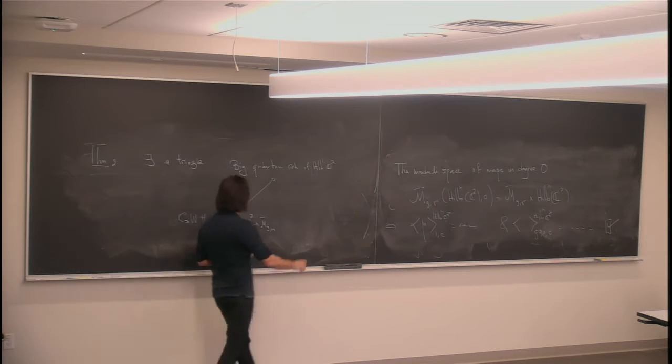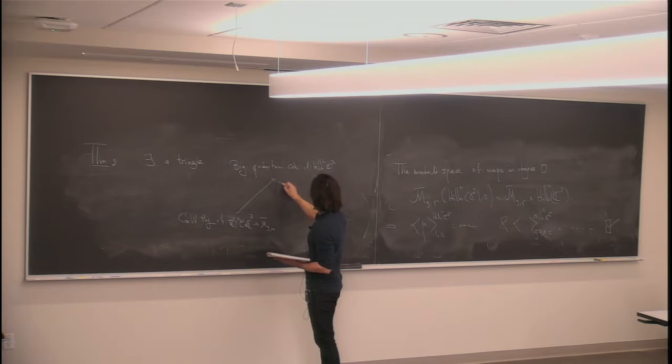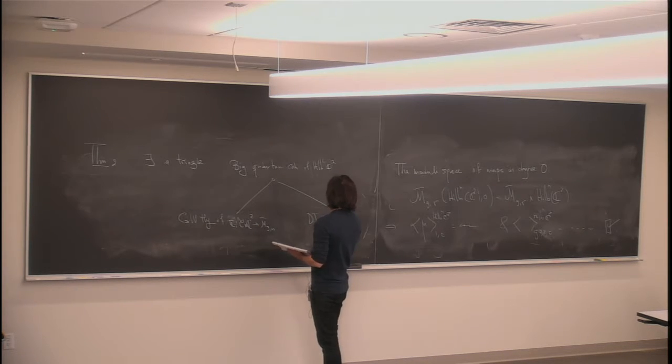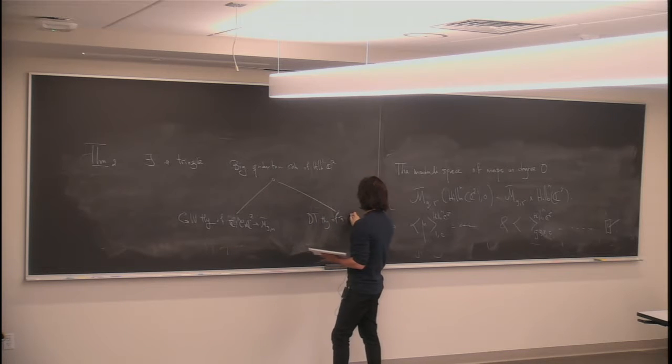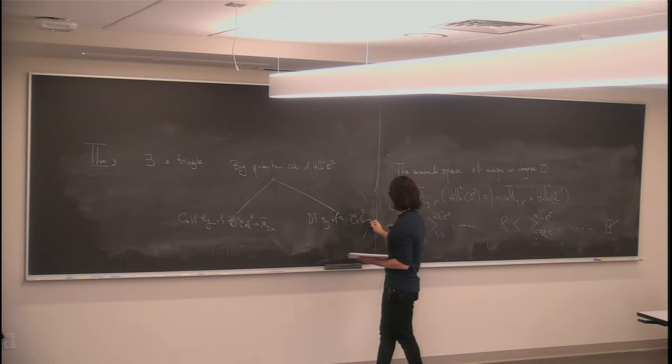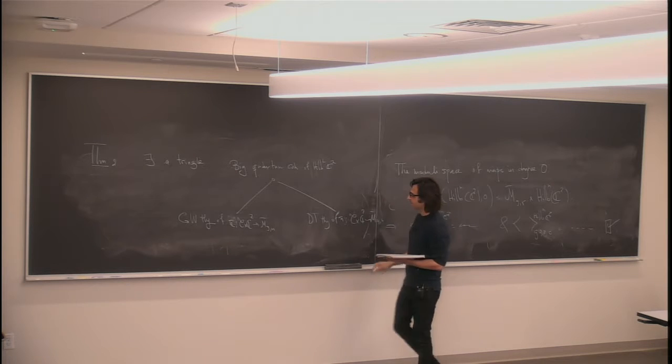And I will tell you what that map is about. And Donaldson-Thomas theory of pi: C times C2 going to M bar Gn.